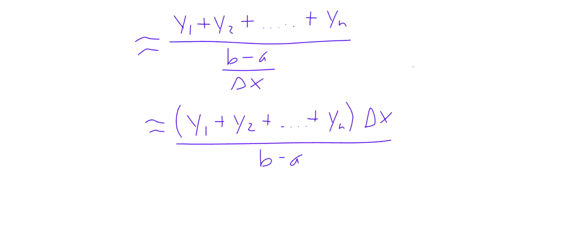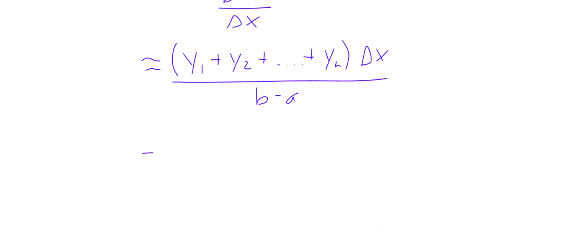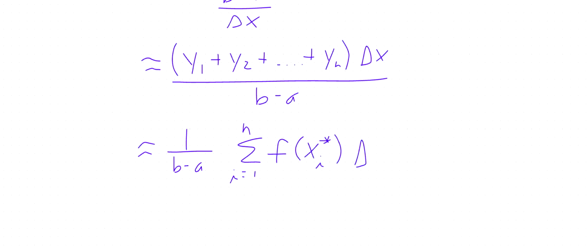A way we could rewrite this, let's even start this over: 1 over b minus a, the summation of i equals 1 to n, and instead of calling it y sub i, we could call it f of x sub i, times delta x. Here we're just going to say delta x is a consistent length, so we don't have to worry about the i's.